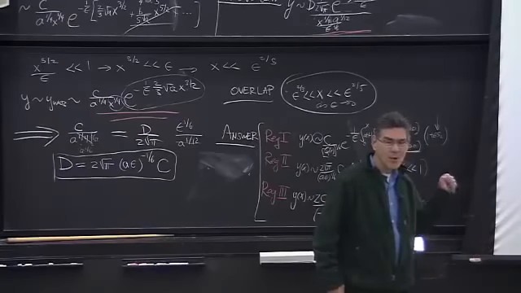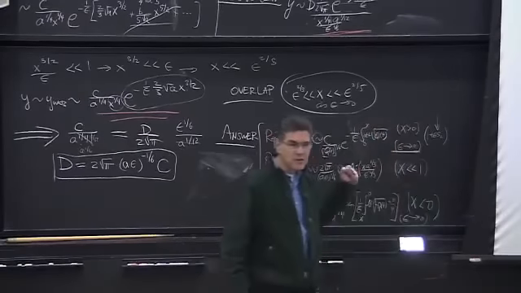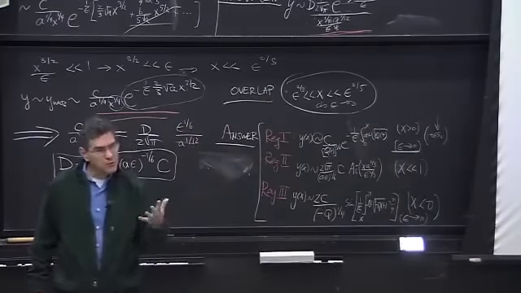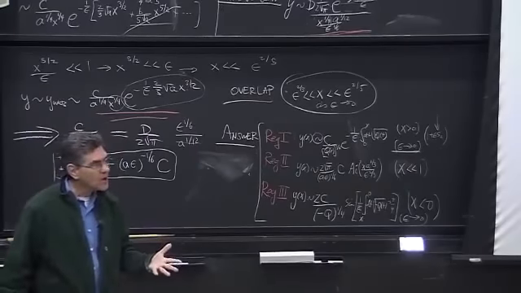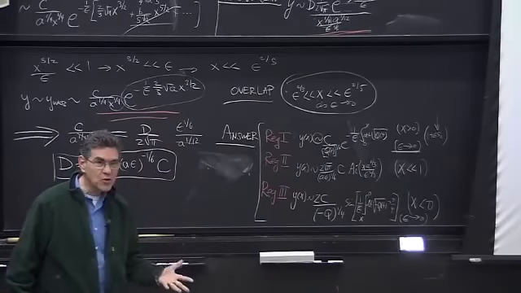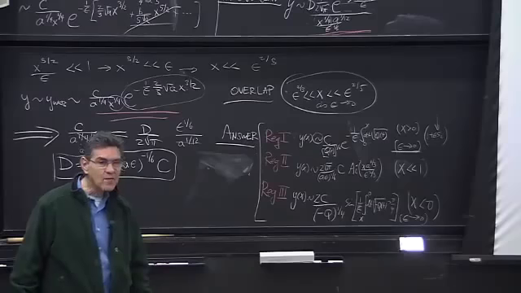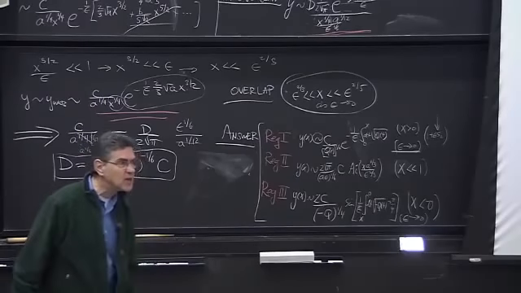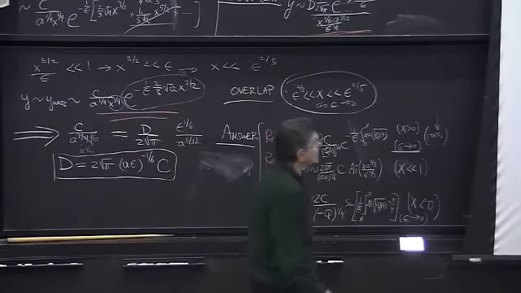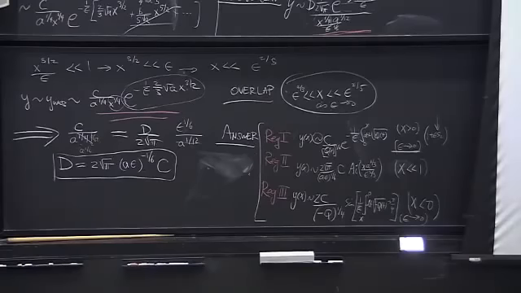Okay. What I want to say here is this is a great, great triumph of the 20th century, because look what we've done. We have actually seen a transition from the classically forbidden region to the classically allowed region.